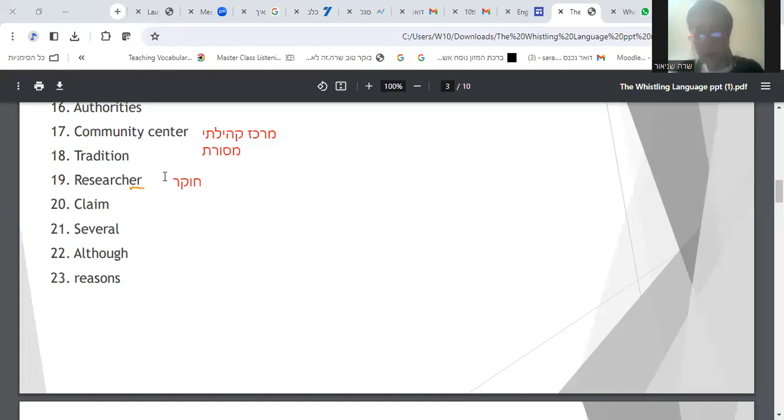Claim. Claim is a word that is also a noun and also a verb. To claim means ta'ana. You're going to use that as lawyers to be. And it could also be lit'on. I think we spoke about this before, in one of our other classes. Several. Several means a few.